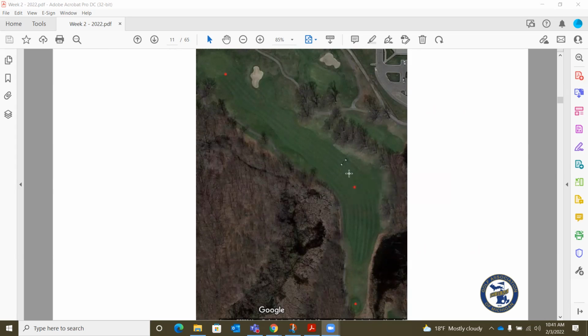But again, keep in mind that we hit a straight shot. So in this case, we can't assume that we can play a right to left shot and try to advance it farther down this way. We're going to hit it to probably somewhere in this neighborhood, or maybe right where these dots are. And that would be where we determine our dogleg adjustment from there.